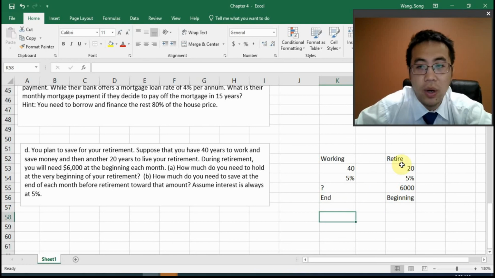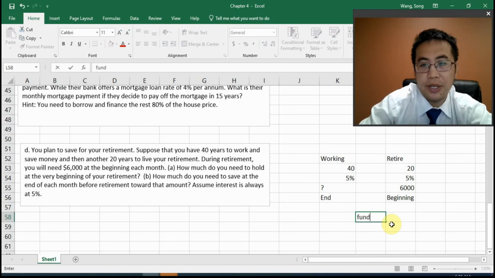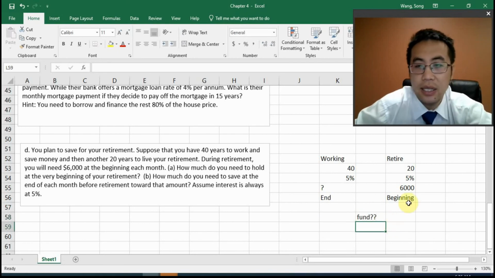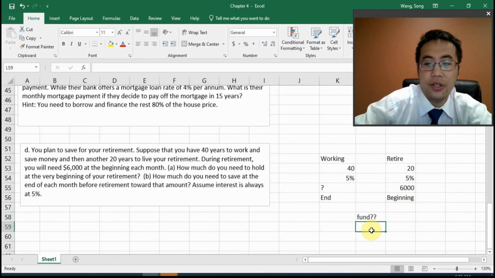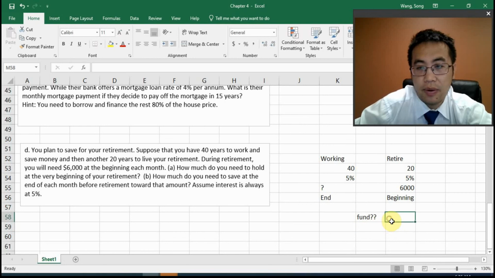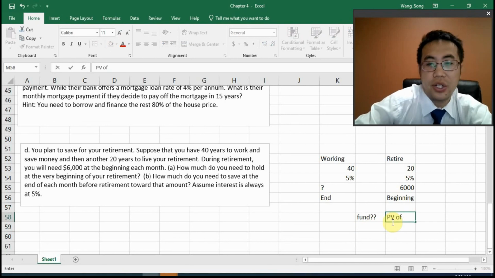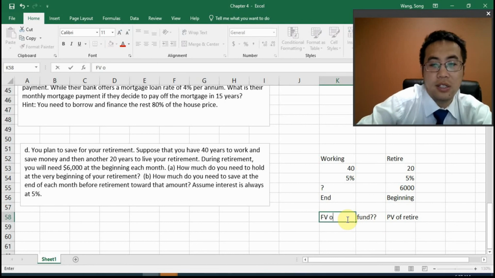Okay, so what is connecting here is the amount of retirement fund. So how much fund do you need to get after your working stage right before the retirement stage? So this fund is the present value of the retirement stage, and it is also the future value of the working stage.